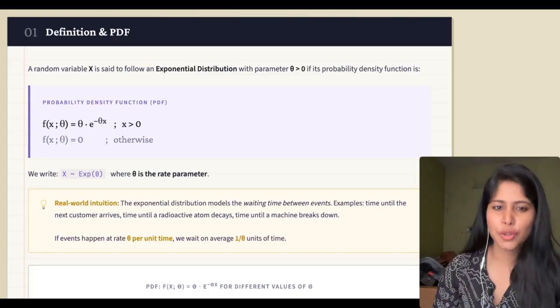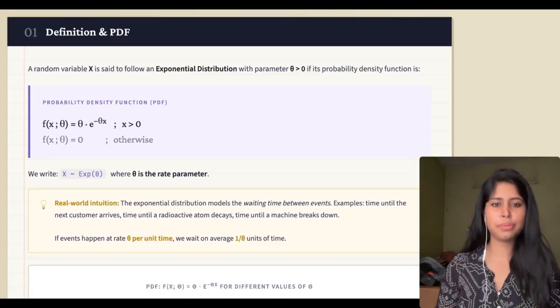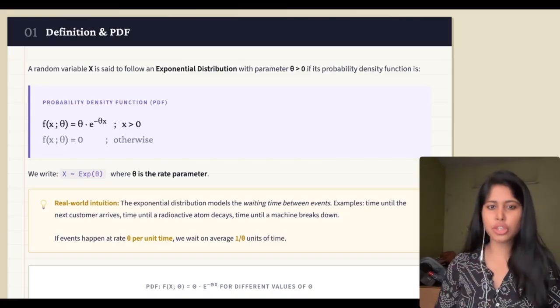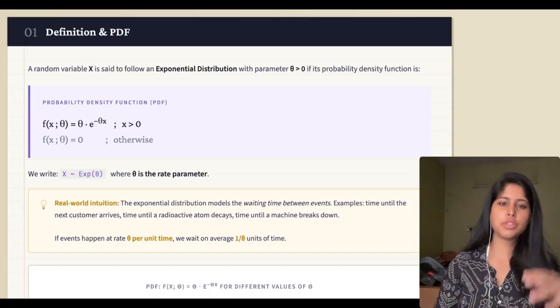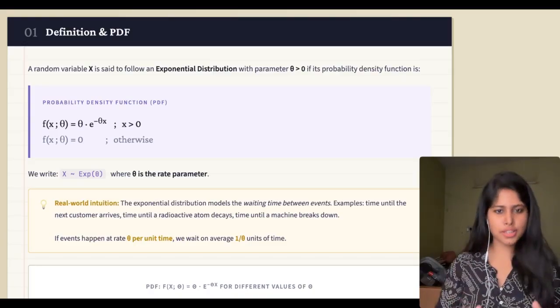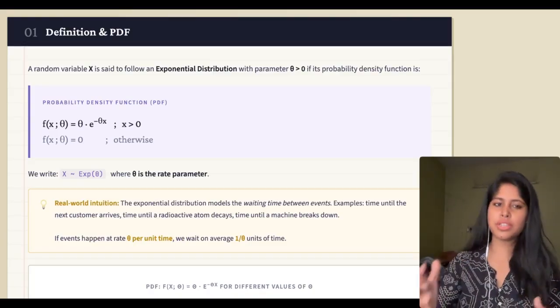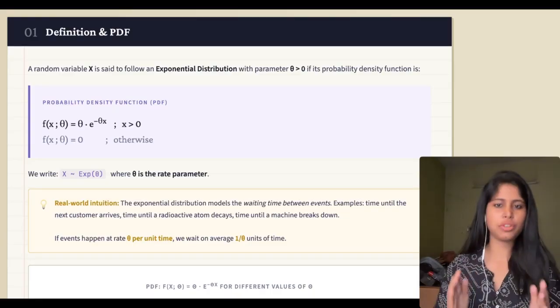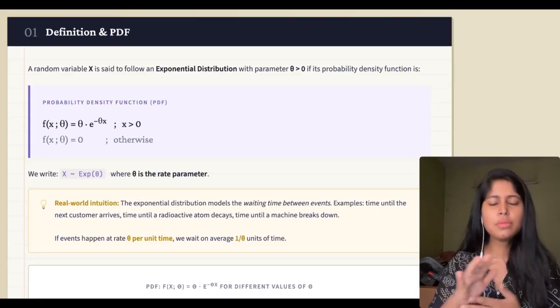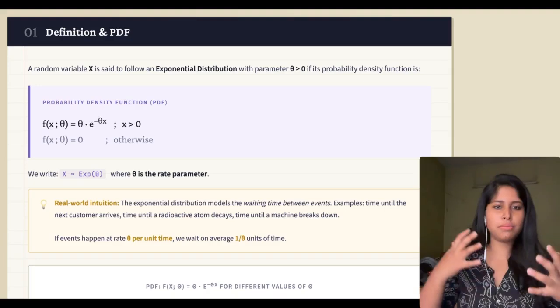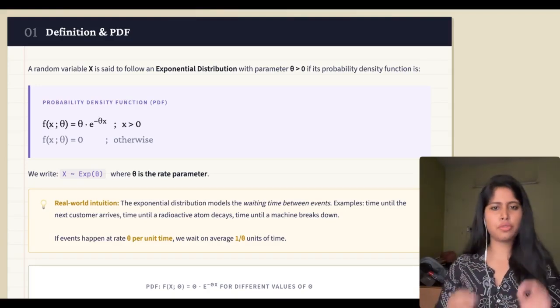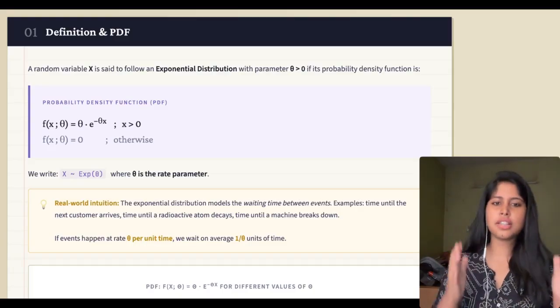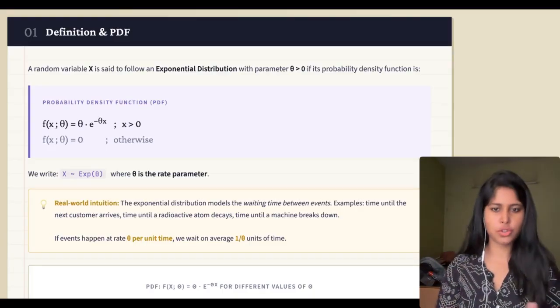You will find this very relatable, because the Poisson distribution and the exponential distribution are basically the same thing, but the Poisson distribution is for the discrete case, and for the continuous case we study the exponential distribution. All right, so this models anything where you are asking how long do I have to wait. That is what the exponential distribution answers.